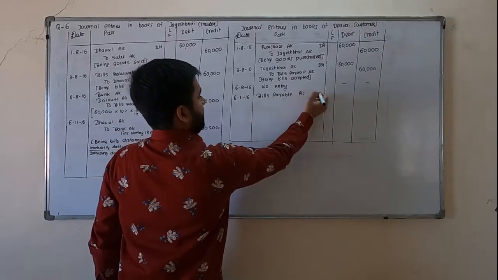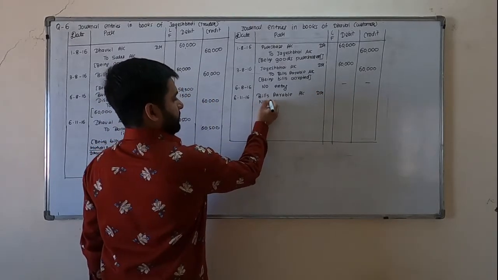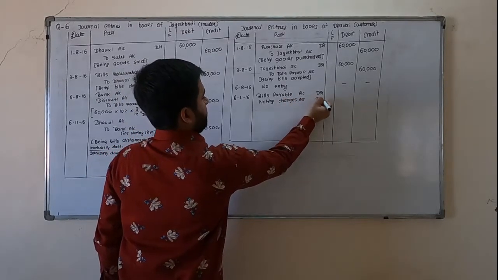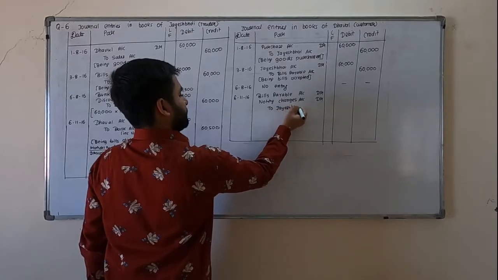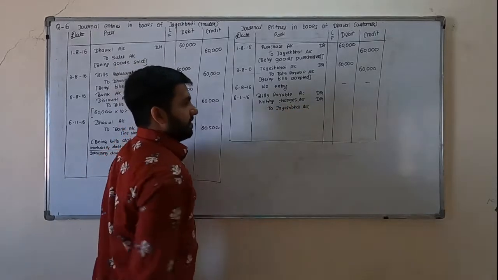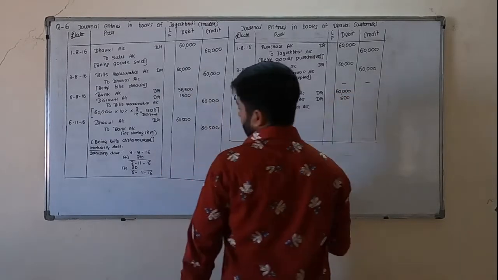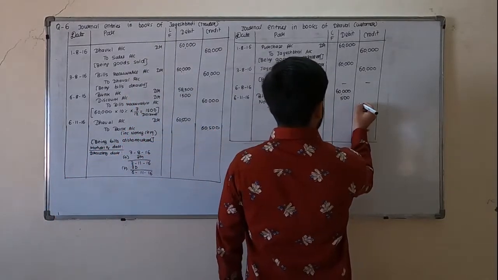Bills payable account debit. Noting charges account debit to Jayesh Bhai account. The bills were of rupees 60,000. 500 is the noting charge. How do we get this? See, 60,500 less 60,000, the extra amount is 500. So that is our noting charge.